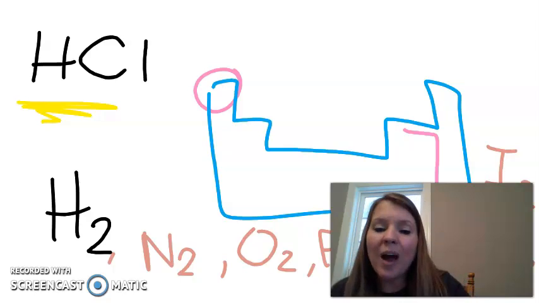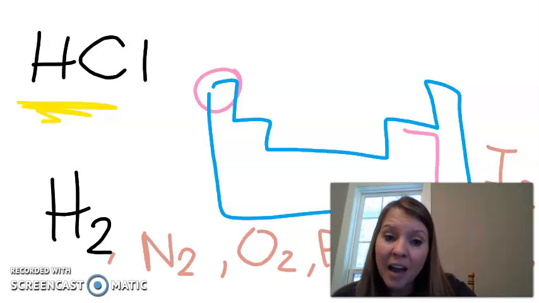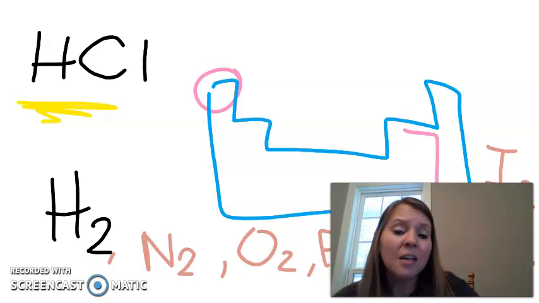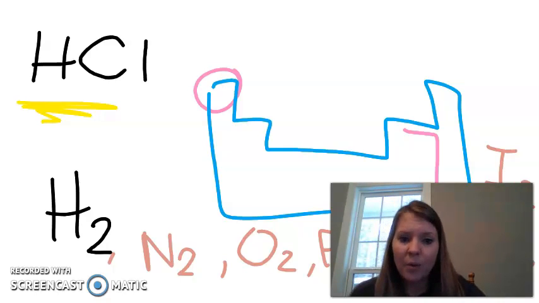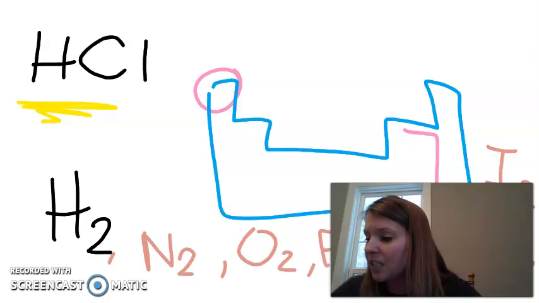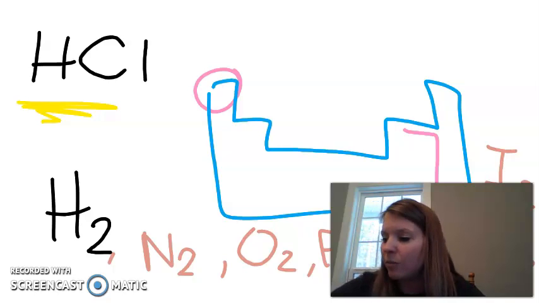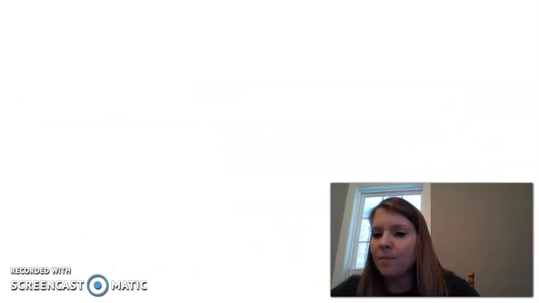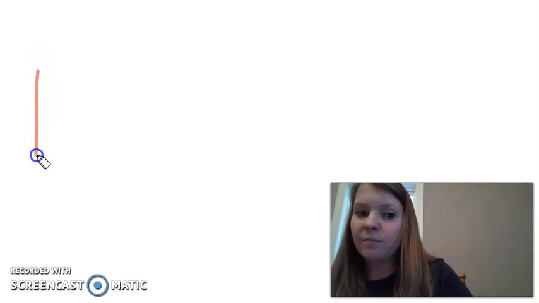Okay. When you have diatomic molecules, or even just molecules in general, sometimes we do multiple bonds. So for example, on your worksheet today, I'm asking you to do nitrogen.